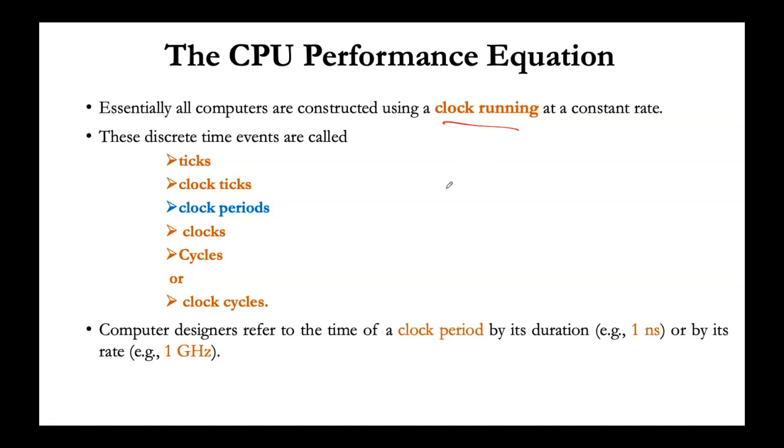These discrete time events are called ticks, or clock ticks, or clock periods, or clocks, or cycles, or clock cycles.